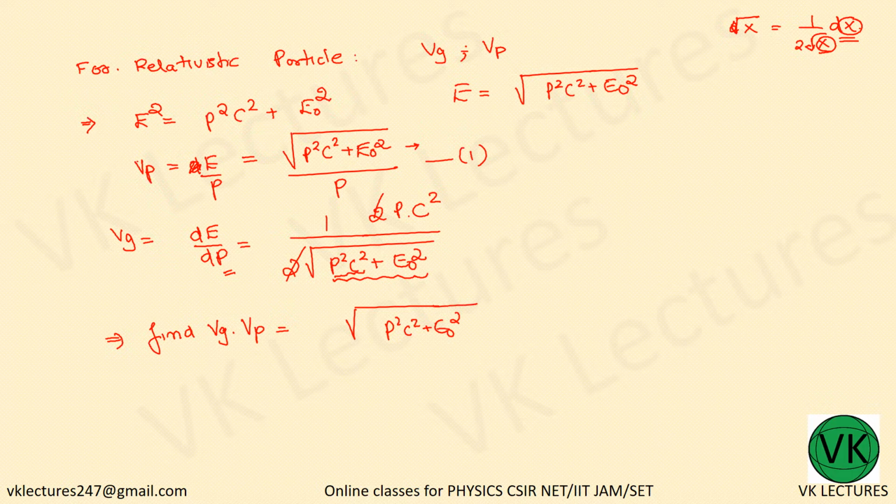In exams you don't write the entire terms, you just write root of some x, just to save time. If you keep in mind what root x is, just do it. So Vg dot Vp is equal to c square.